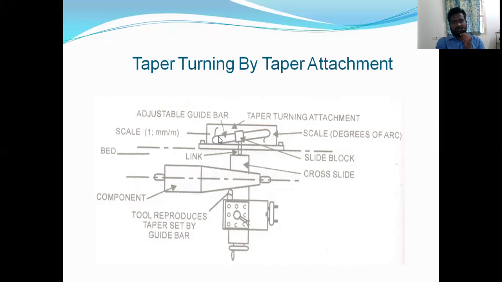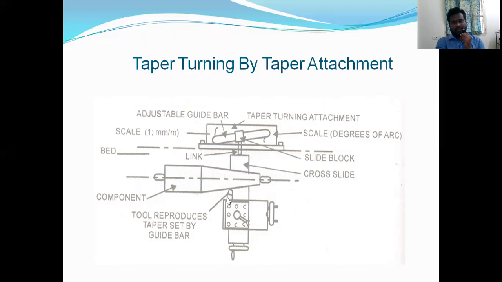So we swivel this bar to some desired angle. With the desired angle it can be swiveled, right? After giving the desired angle, we move our cutting tool parallel to this axis.